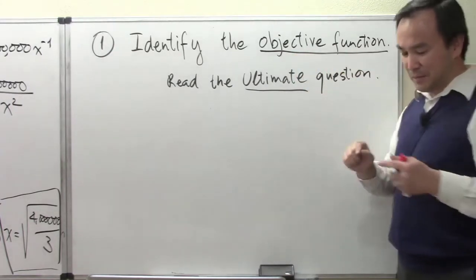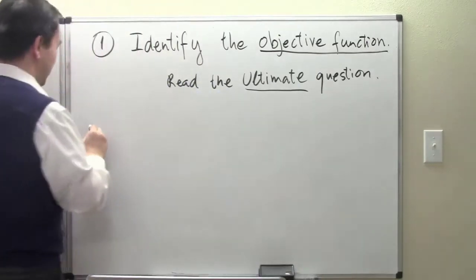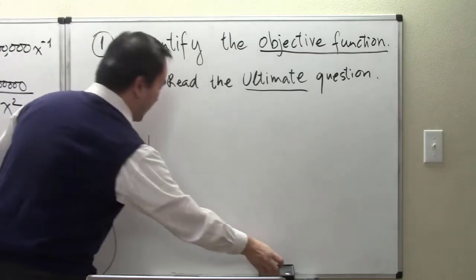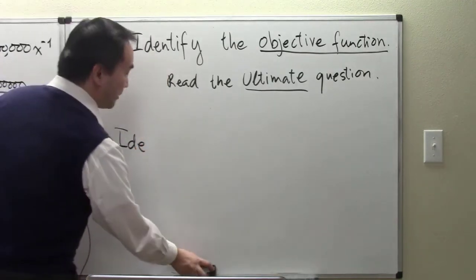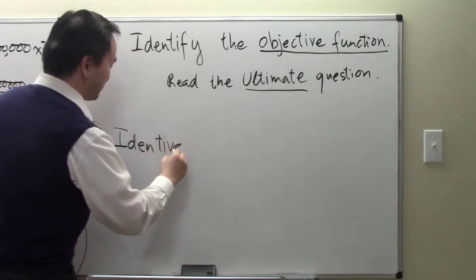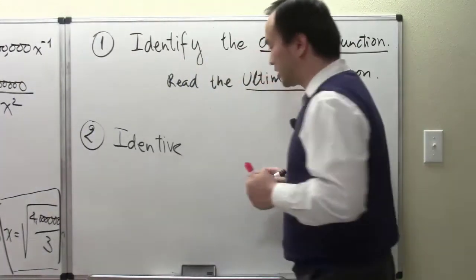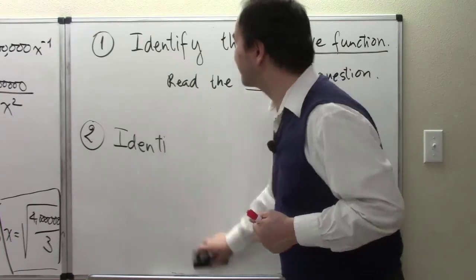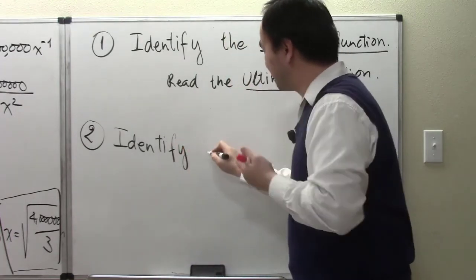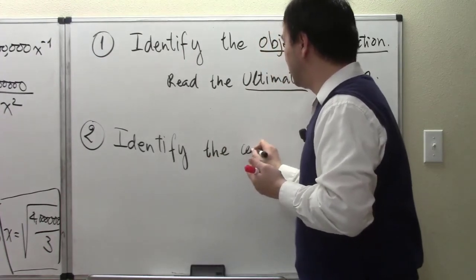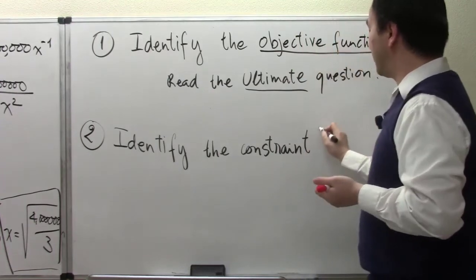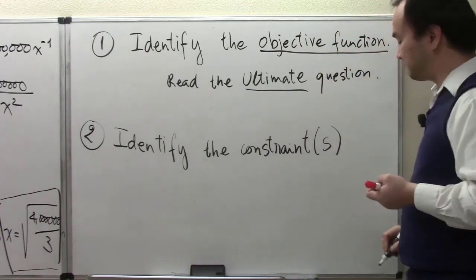And so now the next big step is to identify, once again after you have identified your objective function, we're going to jump right back into the wording description again and identify the constraint(s), and I'm going to put the plural in optional parentheses right here.